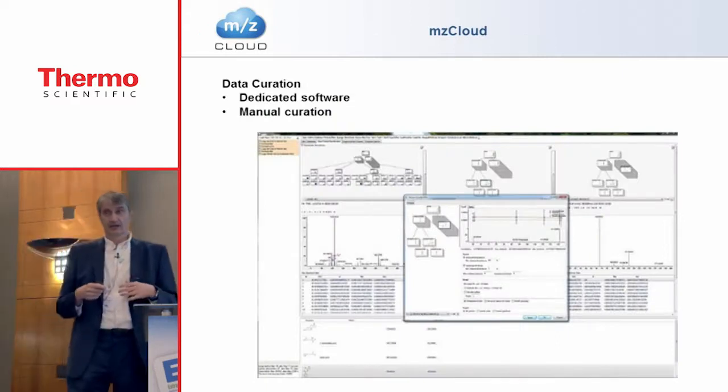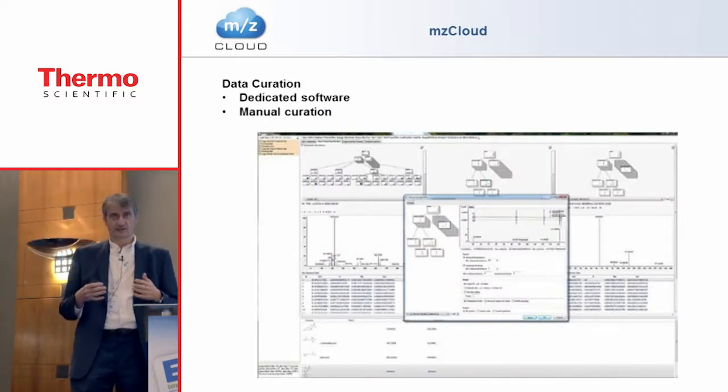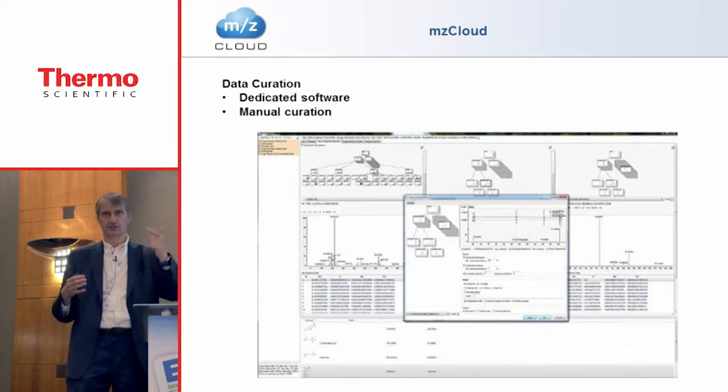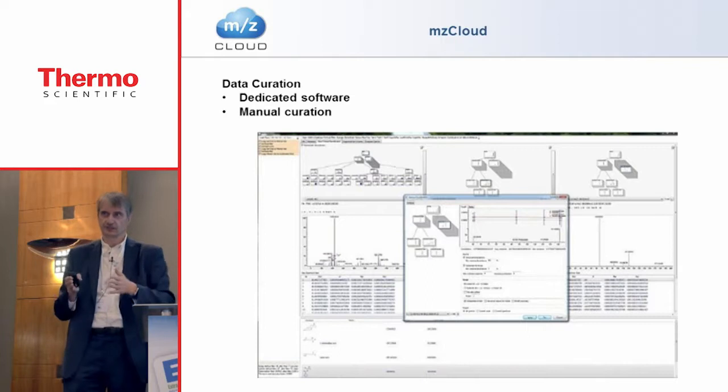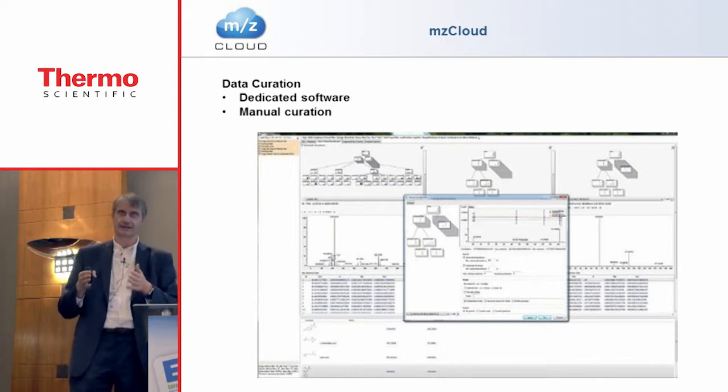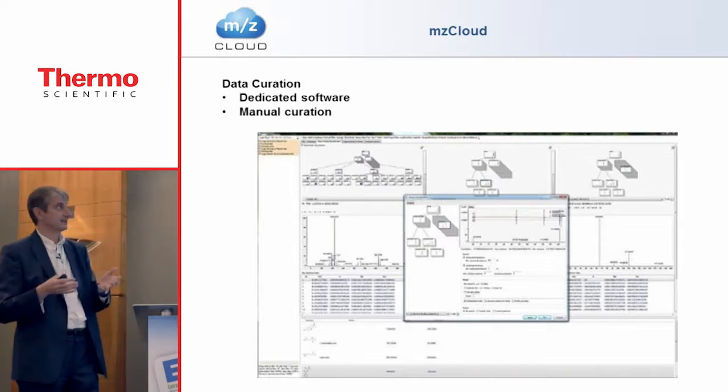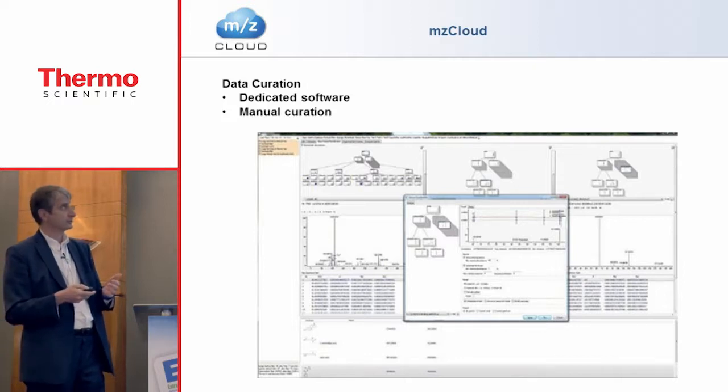We built a really high quality database. This database is manually curated. We have three full-time curators who do filtering, recalibration, data processing, extracting from the chromatogram, and adding metadata to our records. So we really pay big attention to quality.